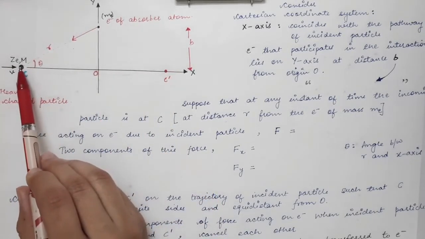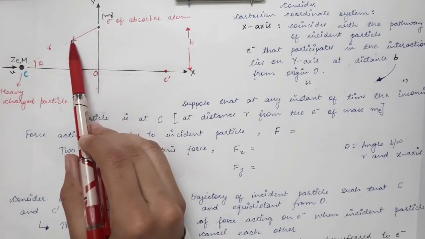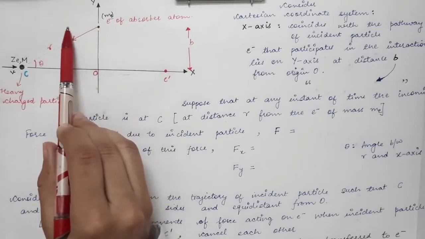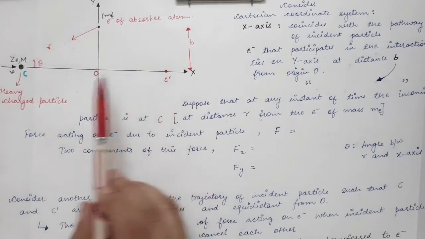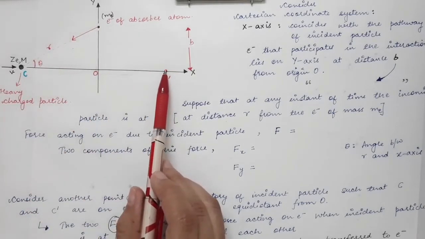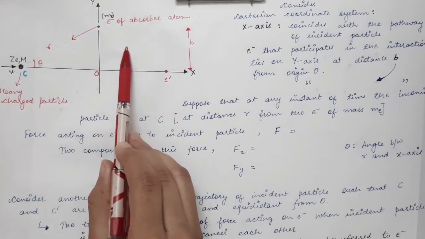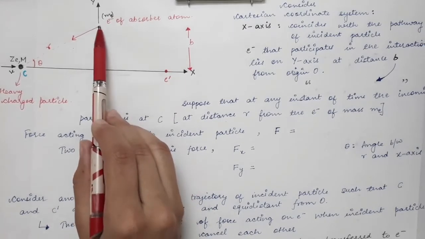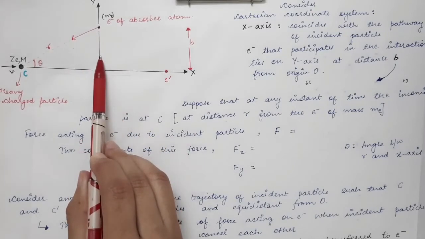So when the heavy charged particle was at C, the force was along this direction. The two components of the force will be, one along this direction and another along this direction. And if the heavy charged particle after some time reaches this C prime point, then the force will be along this direction. In that case also you can divide the force into two components, one horizontal and another vertical.